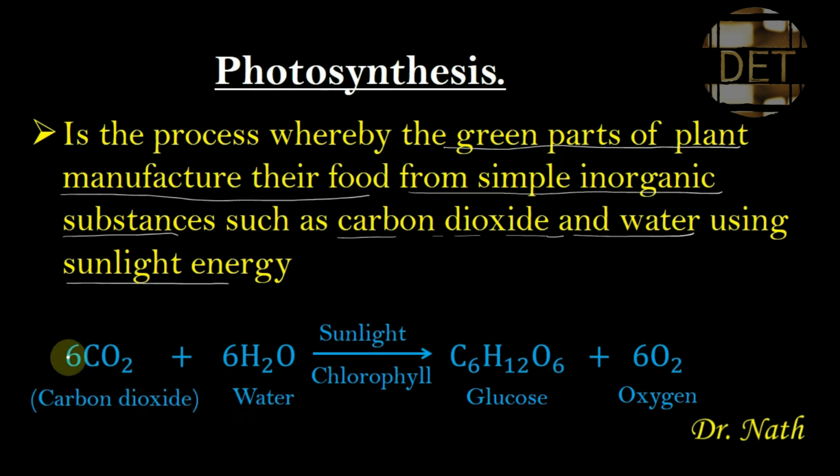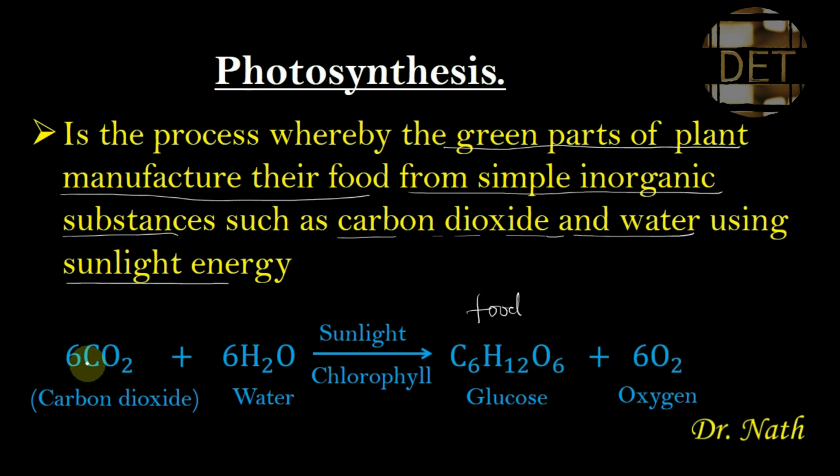When carbon dioxide and water combine using sunlight energy in the presence of chlorophyll, that results in the production of glucose, which is the food of the plant, and it is the precursor from which other food nutrients like protein, vitamins, and the rest are synthesized. Then oxygen is given off as a byproduct.